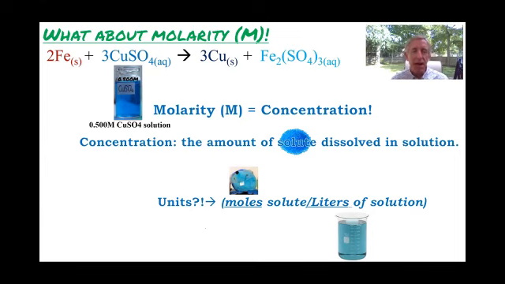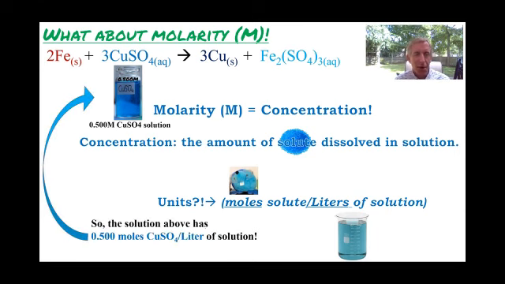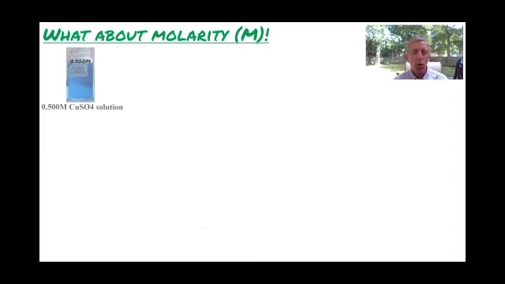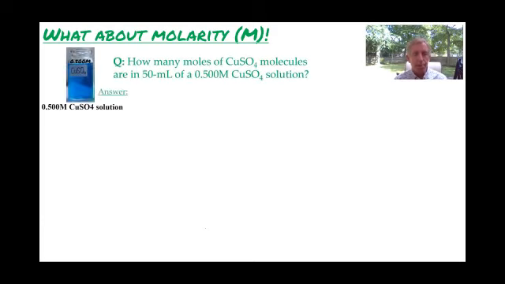That's what the 0.500 number represents. Okay? And now that that has moles of copper sulfate in it, I can use that anytime I'm given a certain volume of the copper sulfate solution. 1 liter of copper sulfate, pour it out, you would have 0.5 moles of copper sulfate swimming in that 1 liter.